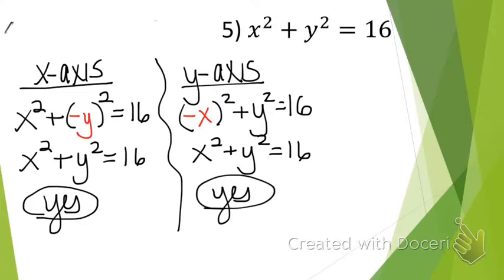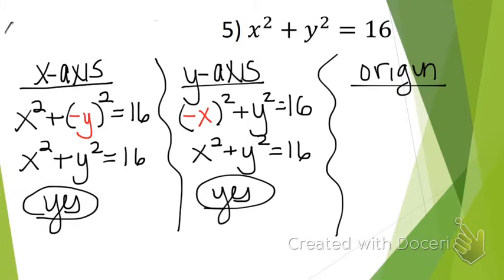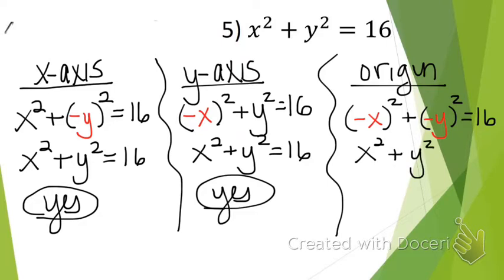Well, let's see if it's a 3 for 3. Let's check for the origin. And we have to replace both. And what happens? Well, they both become positive.